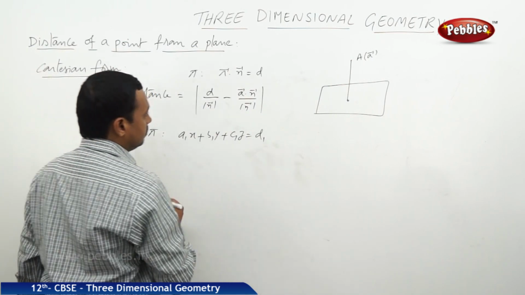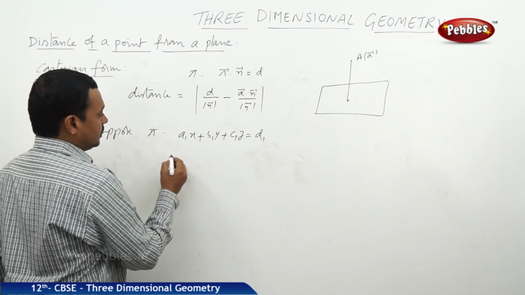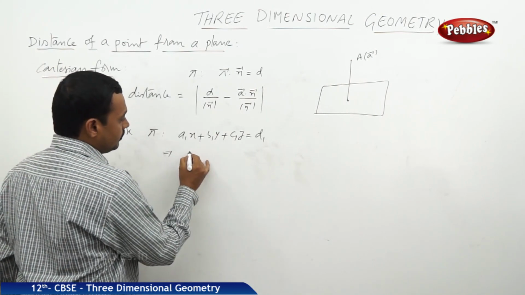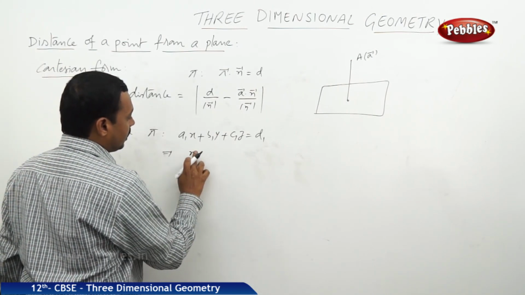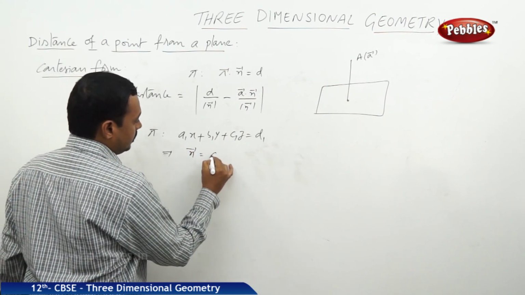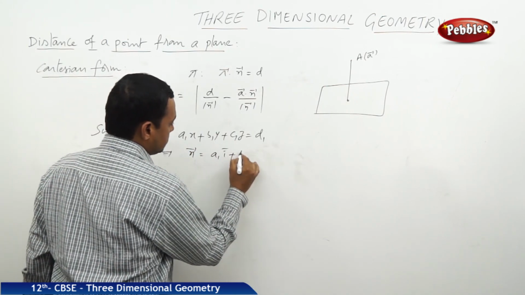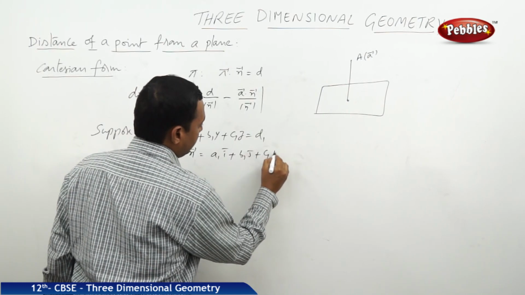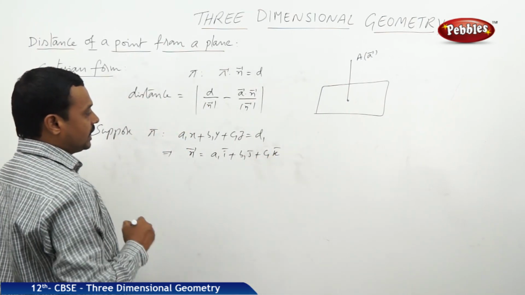Then what? Here the n vector is a1i plus b1j plus c1k. Now that is the n vector.